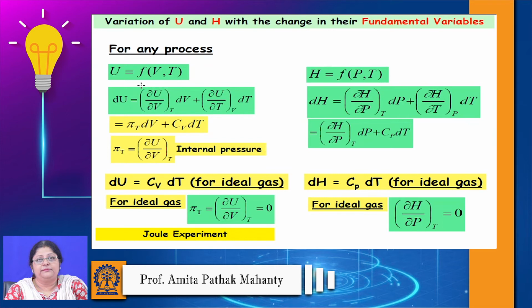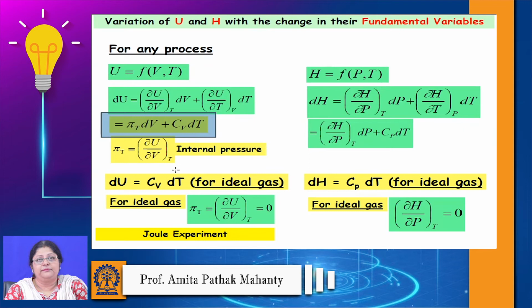What is this? We have just defined this as the internal pressure, which we represent by pi t. And we know the internal energy change with temperature at constant volume is Cv. So this expression reduces to pi t dV plus Cv dT.